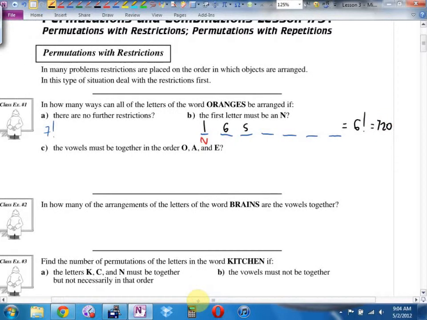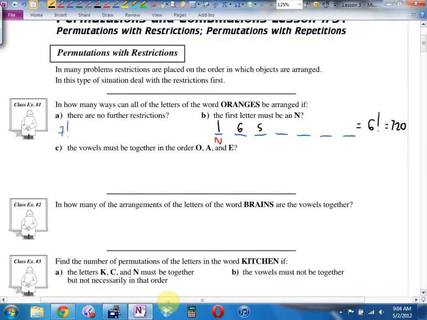Okay. C. This is the one I kind of like. The vowels must be together in the order O, A, and E. So here's what I'm going to visualize. I'm going to draw a little Scrabble grab bag here. There's an R, there's an N, there's a G, and there's an S. And then there's one weird tile.